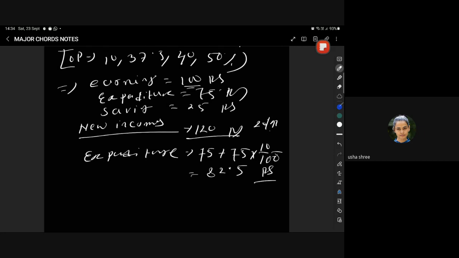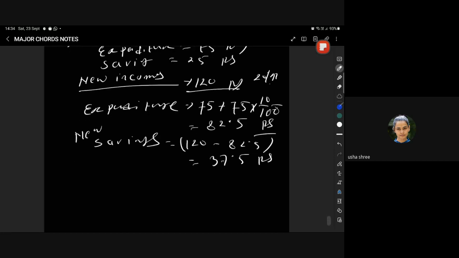Okay, so what are the new savings? 120 was the total earning. Now 82.5 is the total expenditure. So it is 37.5 rupees. Previously, how much did it save?